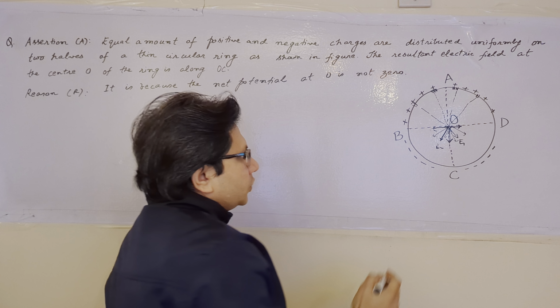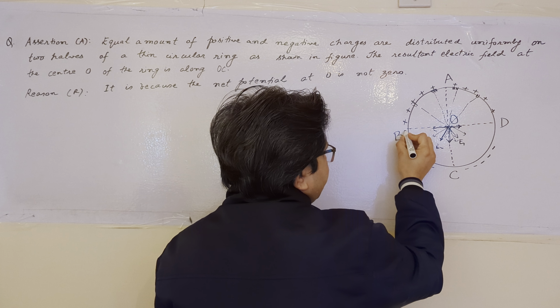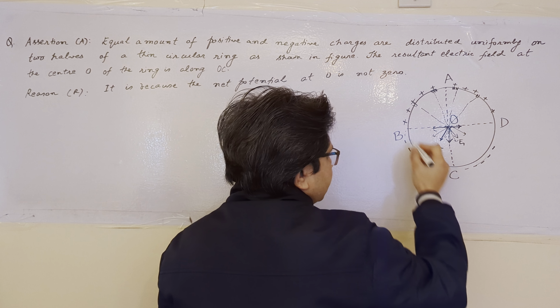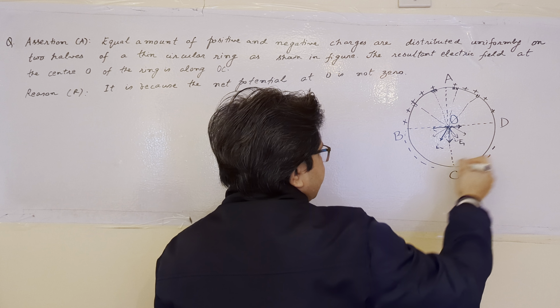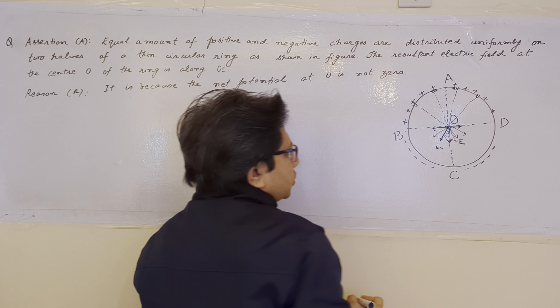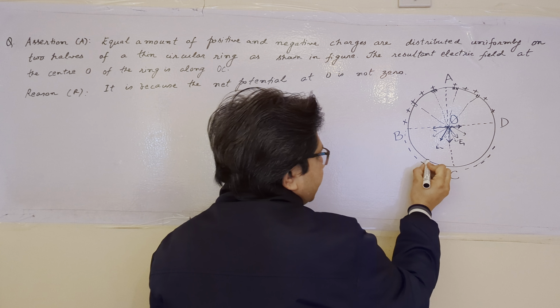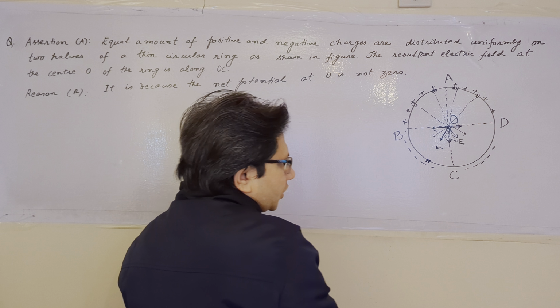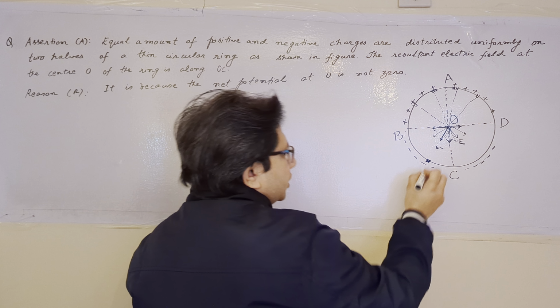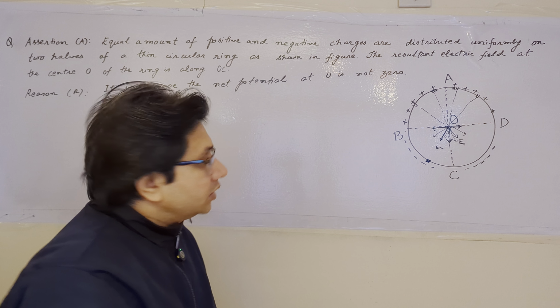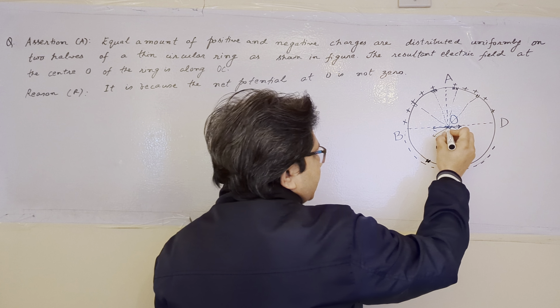In a similar manner, we can find the field due to this part BCD, this arc. If we take a small segment here, this is a negative charge. For the negative charge, we know that the electric field is towards the charge.